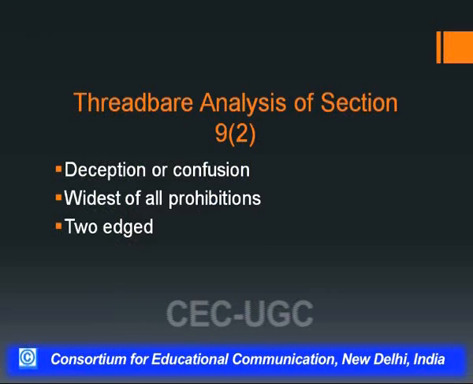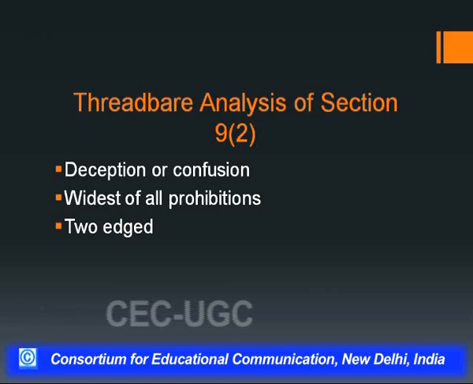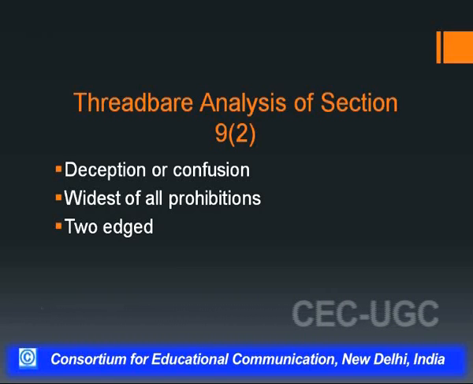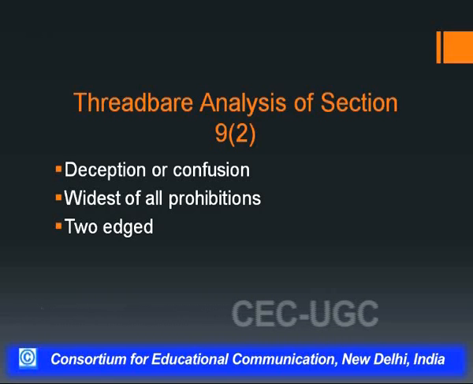Well, friends, I will go back and come again to section 9(2), and the very important aspect of 9(2) is that it is a two-edged weapon, as discussed and detailed by me. This provision 9(2)(a) on the one hand protects the interest of the buyer by precluding him from getting deceived, cheated, or confused in the market, because the consumer that comes in the market does not carry the memory of Sherlock Holmes.